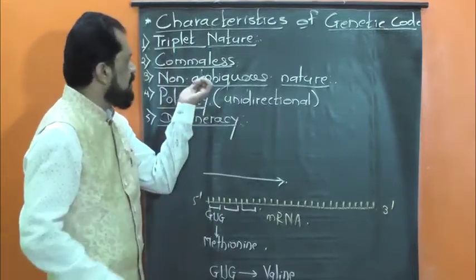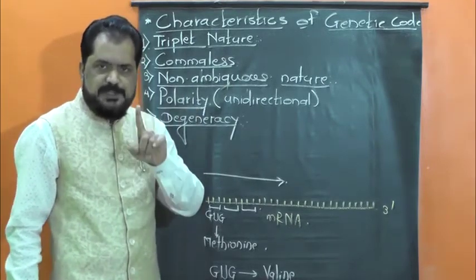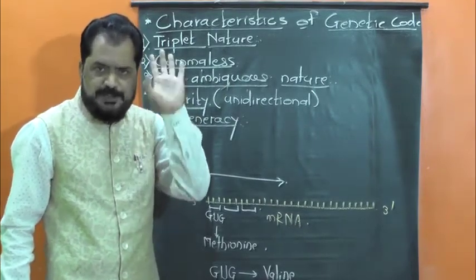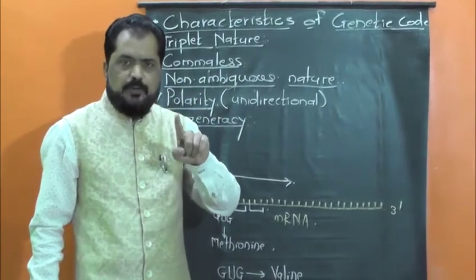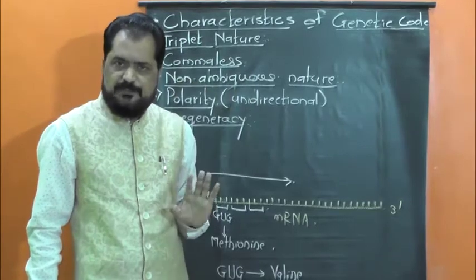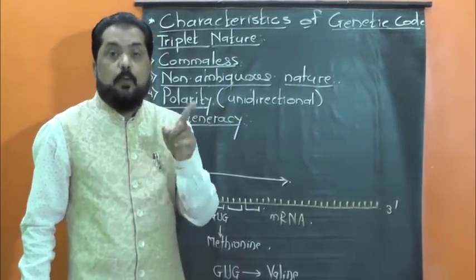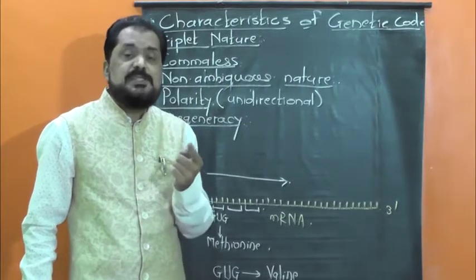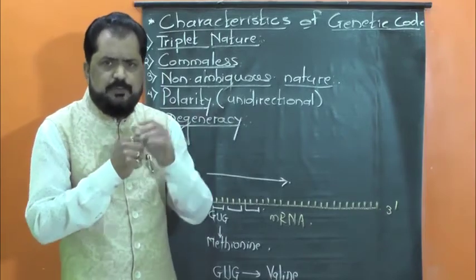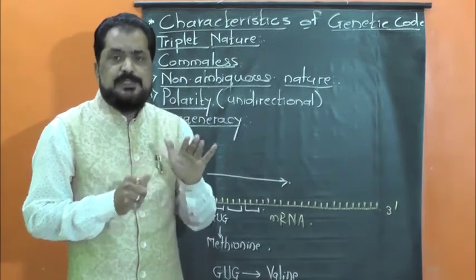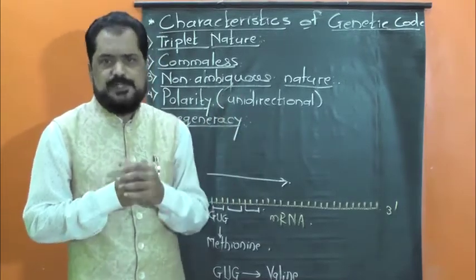In the previous characteristic we have seen one codon specifies one amino acid. या ठिकाणी आता आपण म्हणतोय की one amino acid can be specified by more than one codon. Why? Because we know that in all 64 possible codons are there. We have studied in the previous topic.